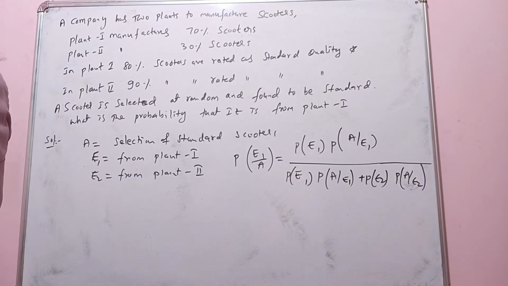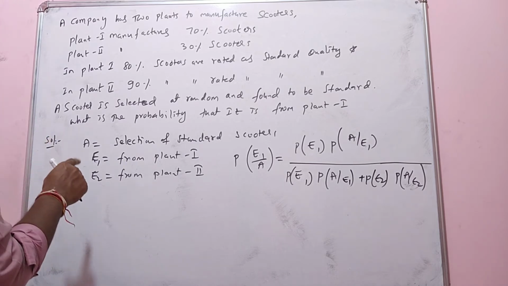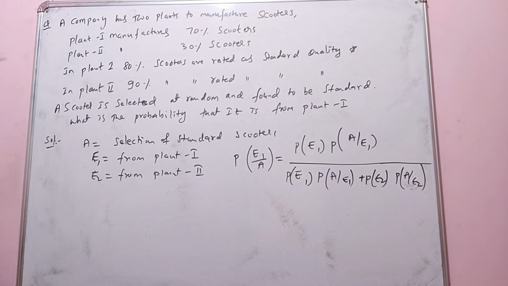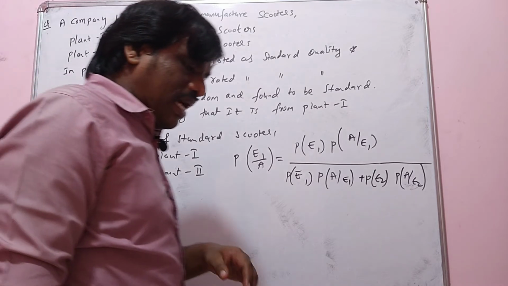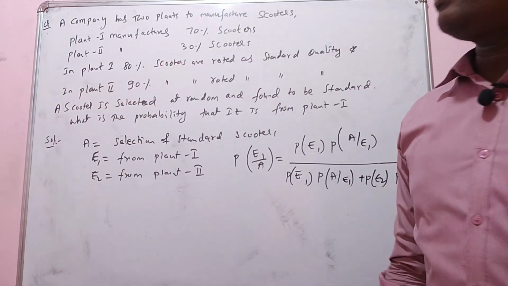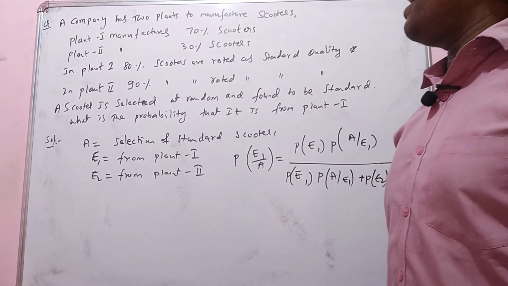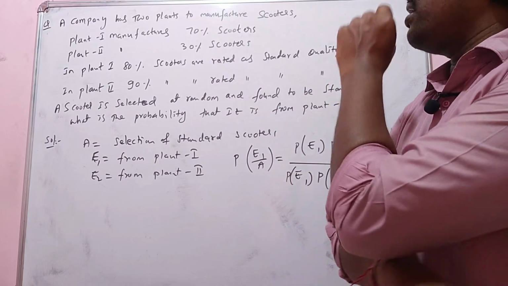Hello dear students, let us continue. I am giving one more example based on this. A company has two plants to manufacture scooters.